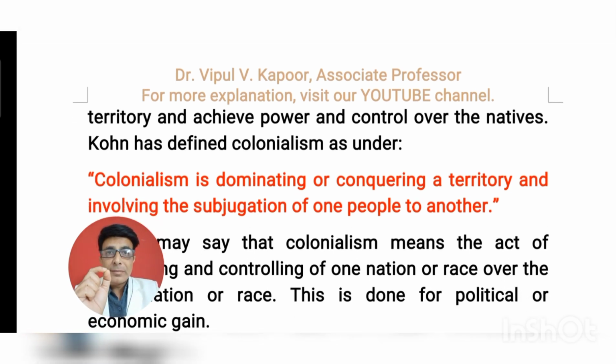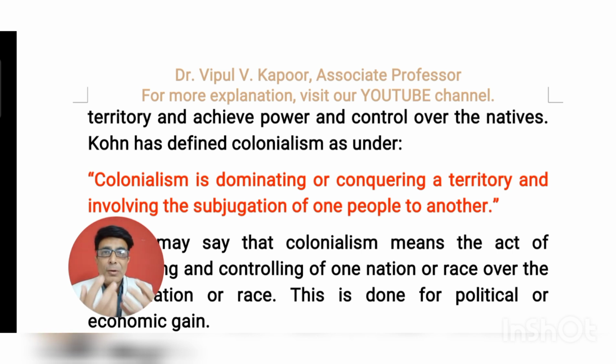A very great scholar, Kohn, has rightly defined colonialism in these words, as you can see here on the screen. According to him, colonialism is dominating or conquering, meaning winning a territory, and involving the subjugation of one people to the other.